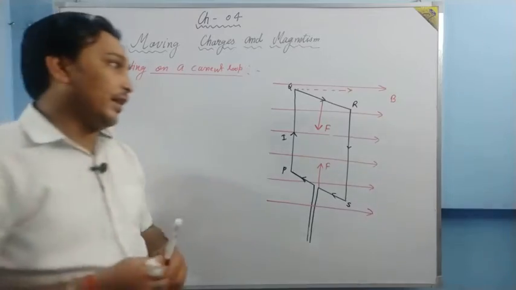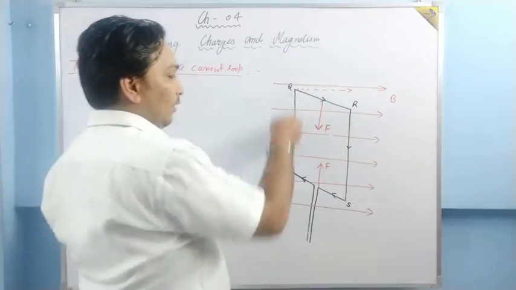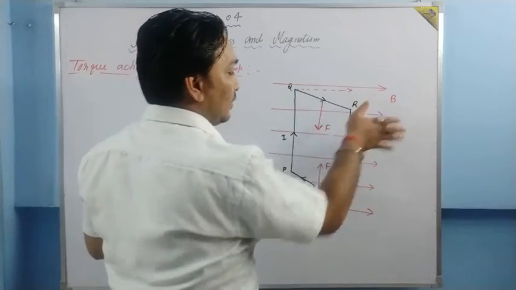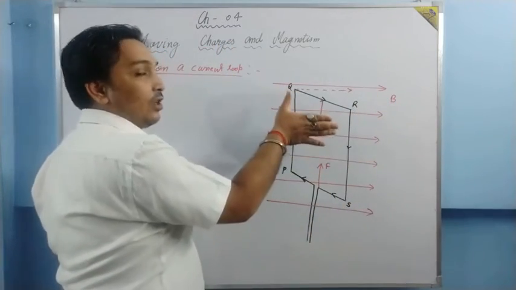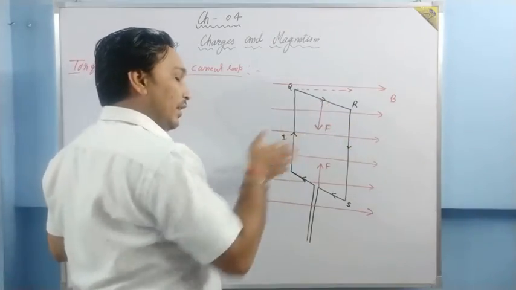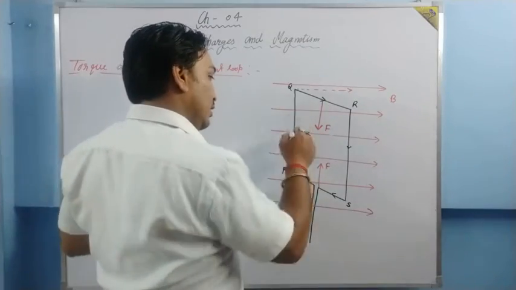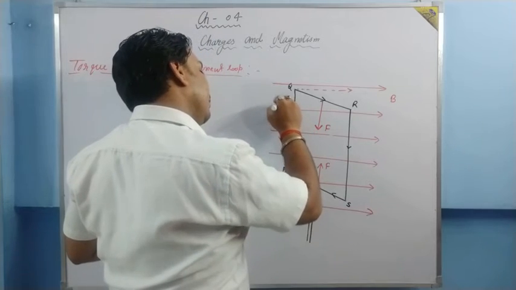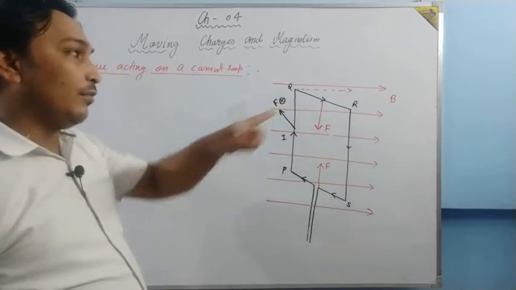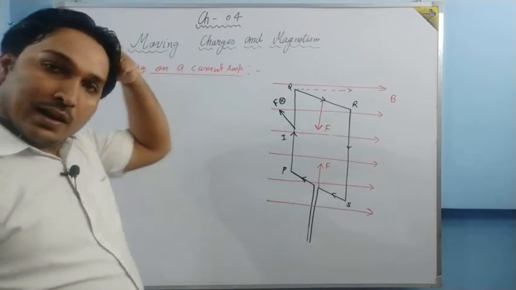But when we look at this side, again the current is going upward, magnetic field is this way. Thumb in the direction of current, all these fingers in the direction of magnetic field, palm face is indicating inward. So basically this side will experience a force which is inward. Cross I am making because it is perpendicular inward.